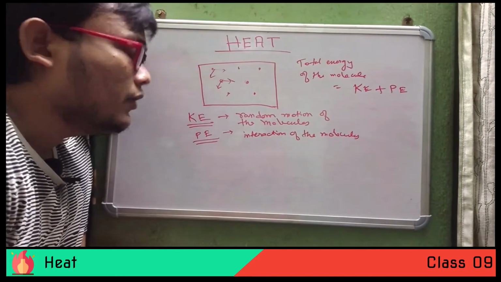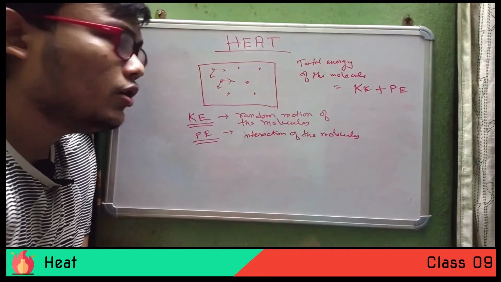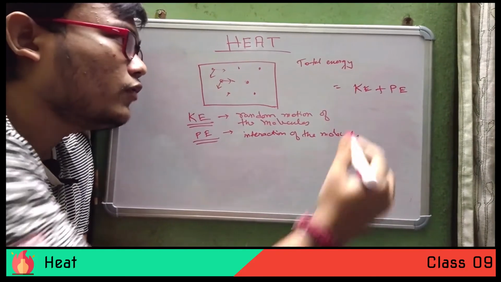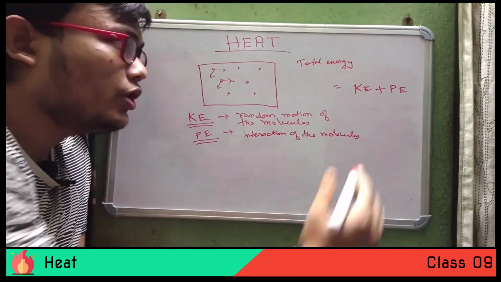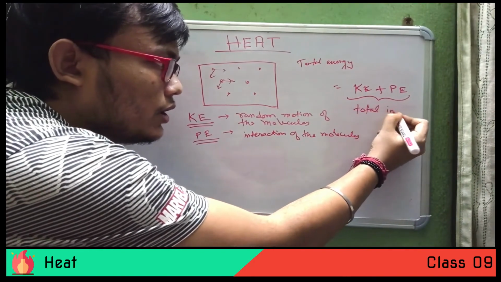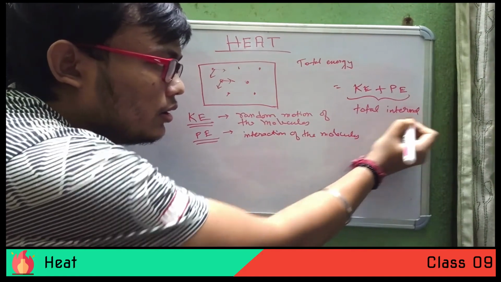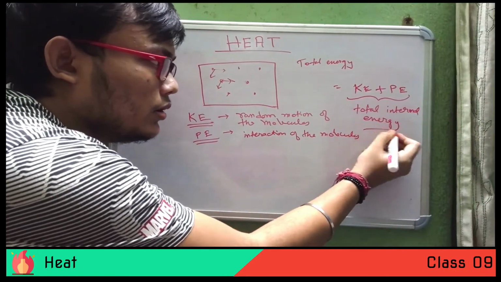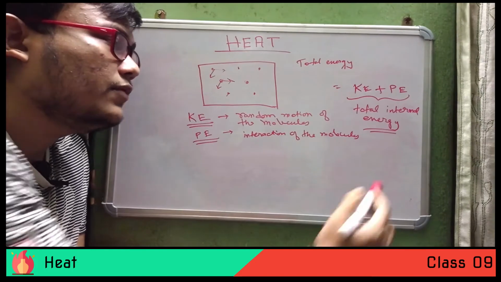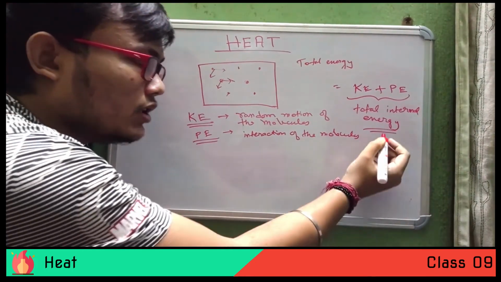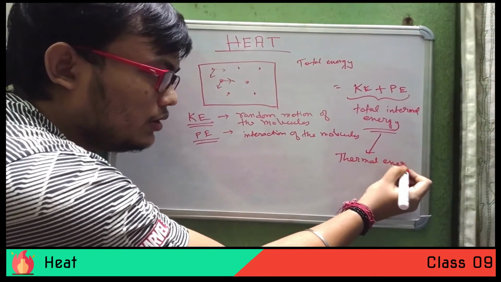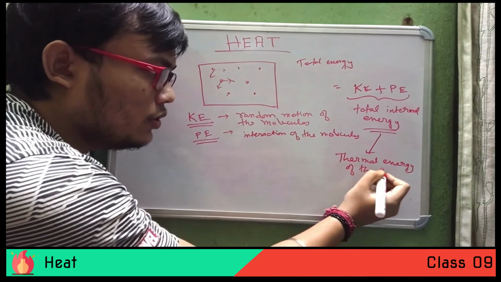Now if we take into consideration all the molecules, then the potential energies of all the molecules and the kinetic energies of all the molecules are added up to give the total internal energy, which is nothing but the thermal energy of the object.